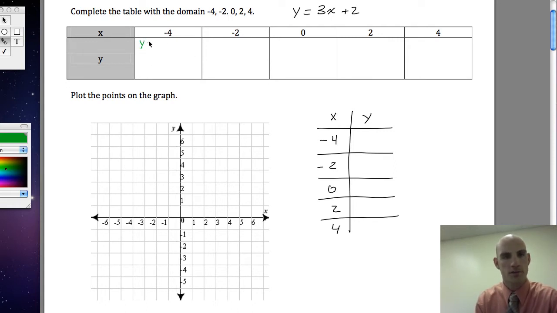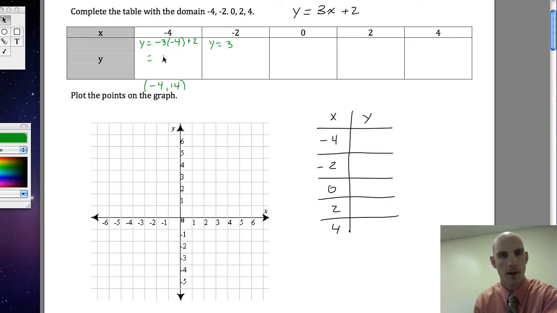So y equals -3 times -4 plus 2. Well, -3 times -4 is 12, plus 2 is 14. So my first point is -4, comma 14. Y equals 3. Oops, I did that wrong. Go back.